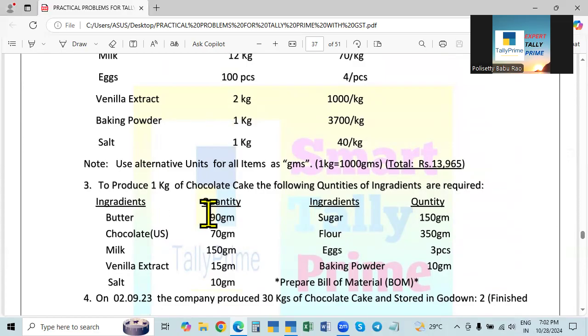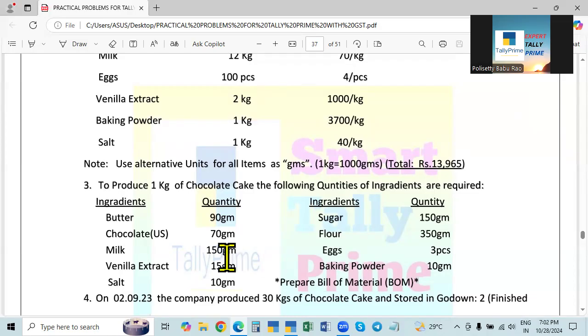But for each item, that is for manufacturing one unit of the finished goods, the requirement is in another, smaller unit. So in this case, there are two units.